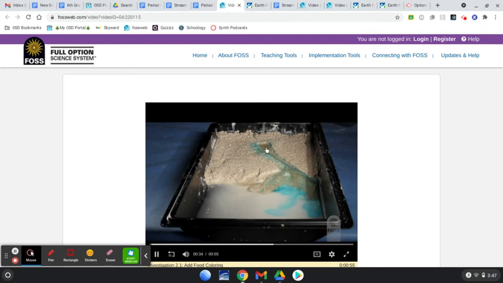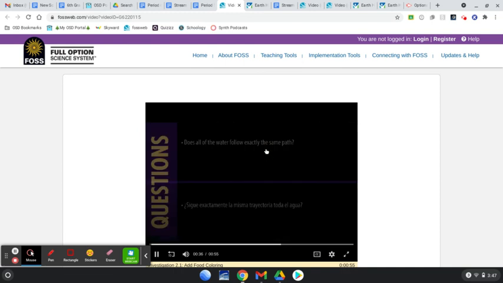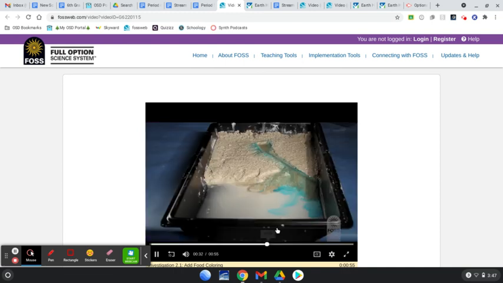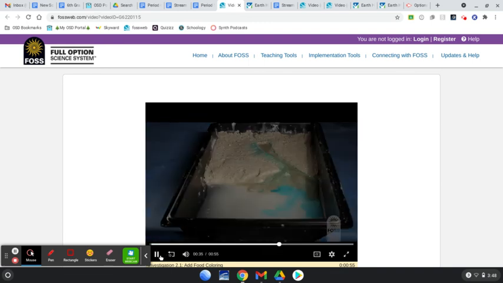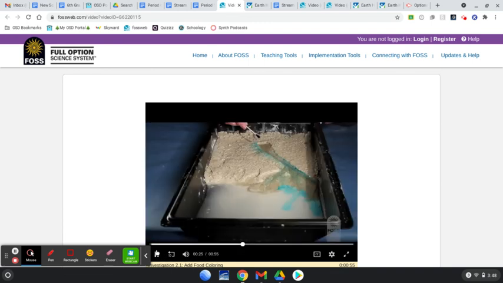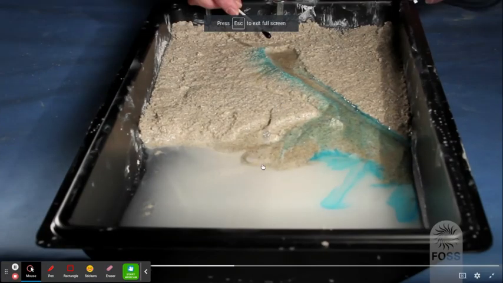Where is it slow and where is it fast? Well, let's look. It's slow down here, which we could call maybe like the ocean or a lake. Here, let me pause it. It's fast when it's traveling down this stream.